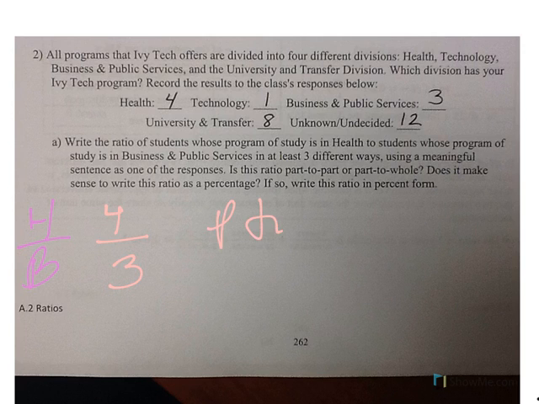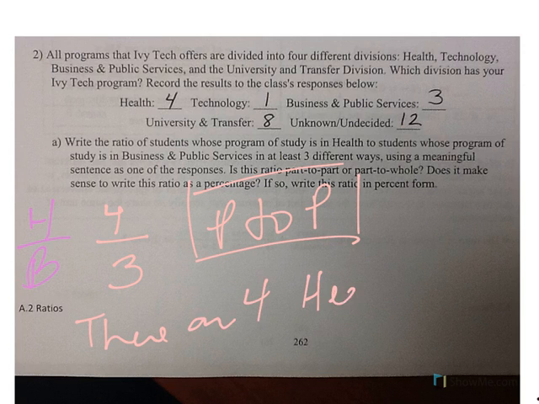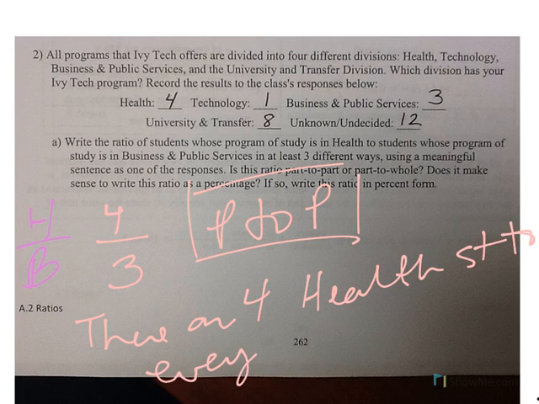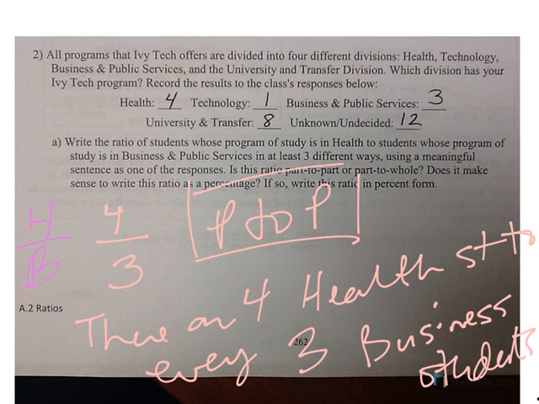Well, it's part to part because these are each part of the total package. And therefore, we cannot write this in a percent. We would just say there are 4 health students to every 3 business and public services students. Right? Part to part, you just use numbers.